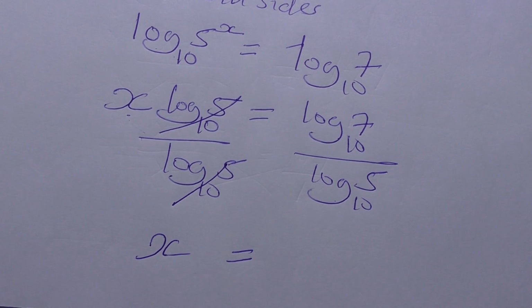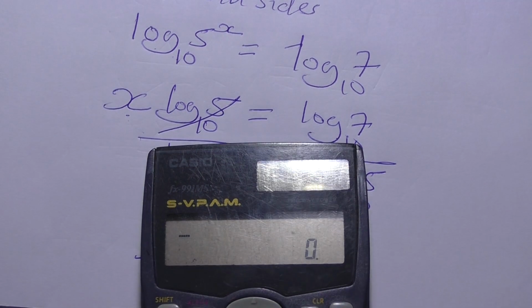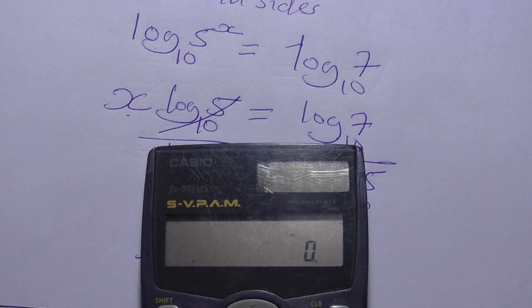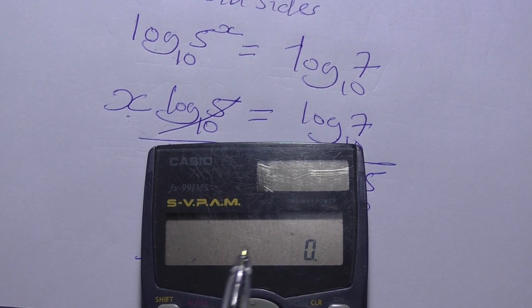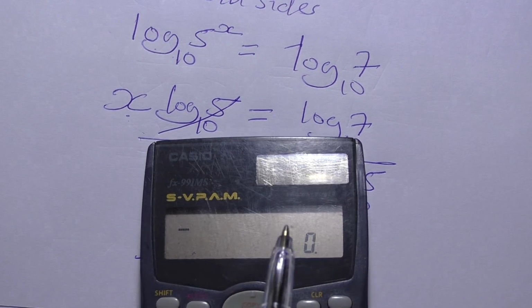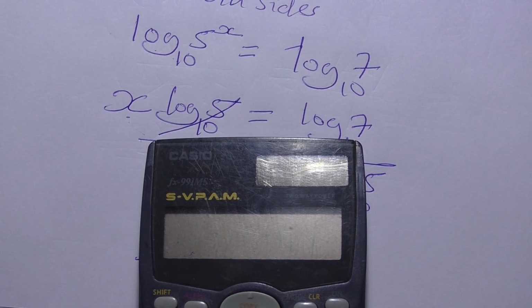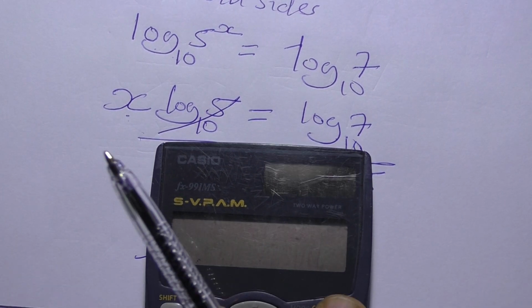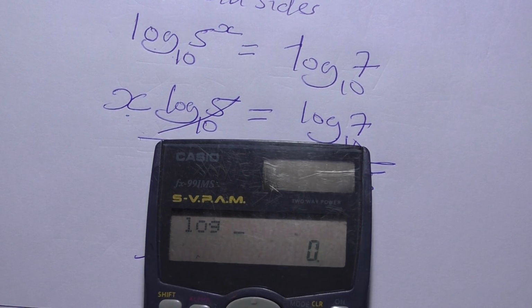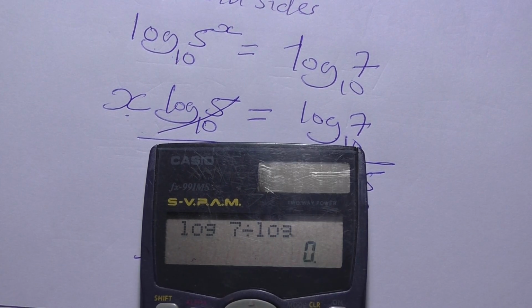However, as you're using your calculator, make sure it's in degrees. How do you know that? It must be showing a capital D somewhere on the top task bar. So that is log 7 divided by log 5.